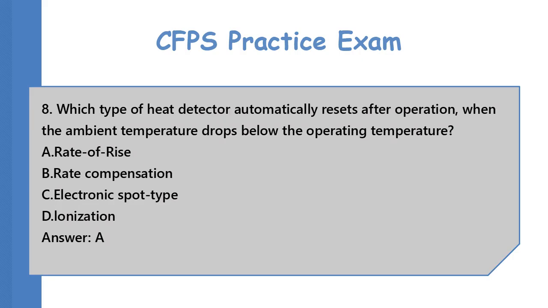Which type of heat detector automatically resets after operation, when the ambient temperature drops below the operating temperature? A. Rate of rise. B. Rate compensation. C. Electronic spot type. D. Linization. Answer: A.